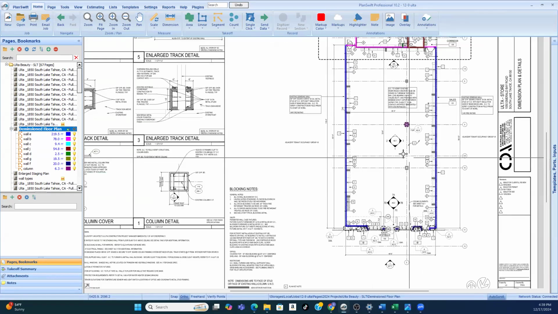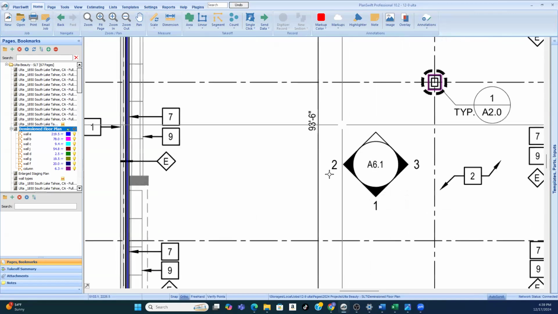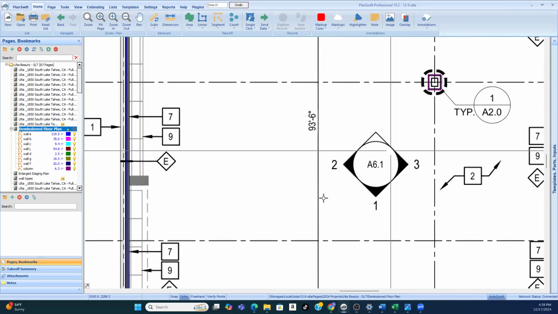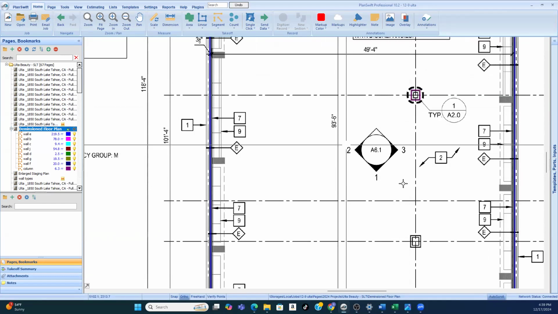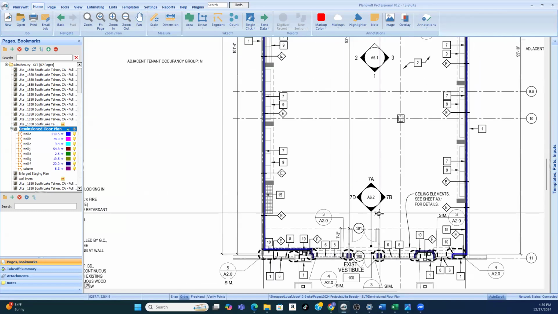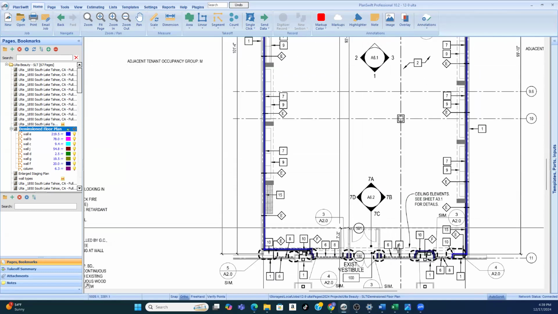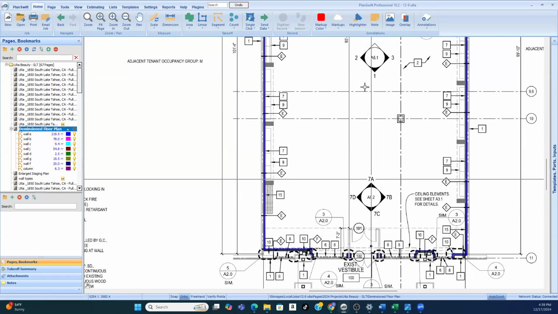But let's go to another view which may help us, which is the interior elevation views. This is an interior elevation marker. What the architect is saying, and this one is too, is that they serve two different purposes, and what they want you to look at is different.